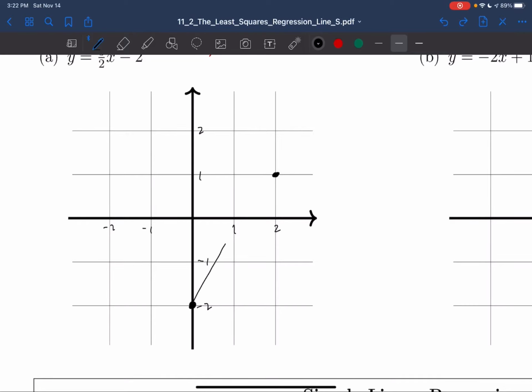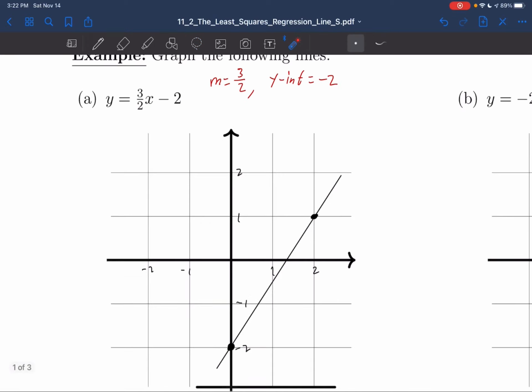Fantastic. So this line is represented by this equation.